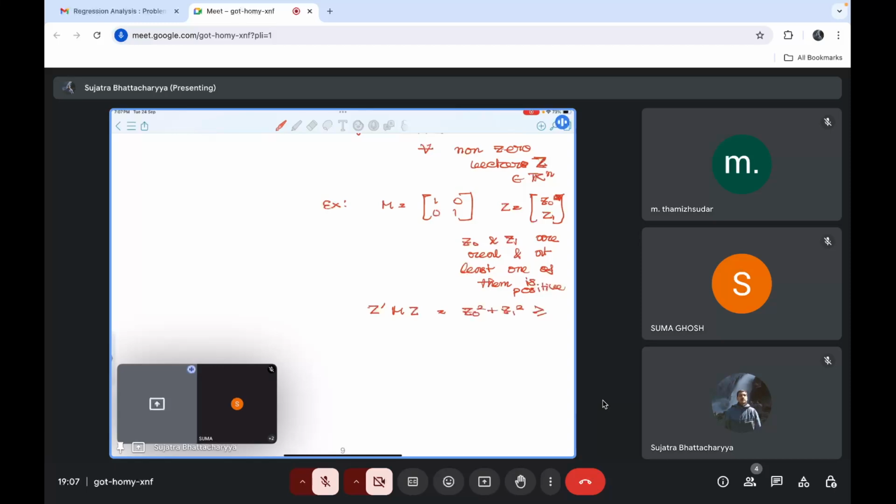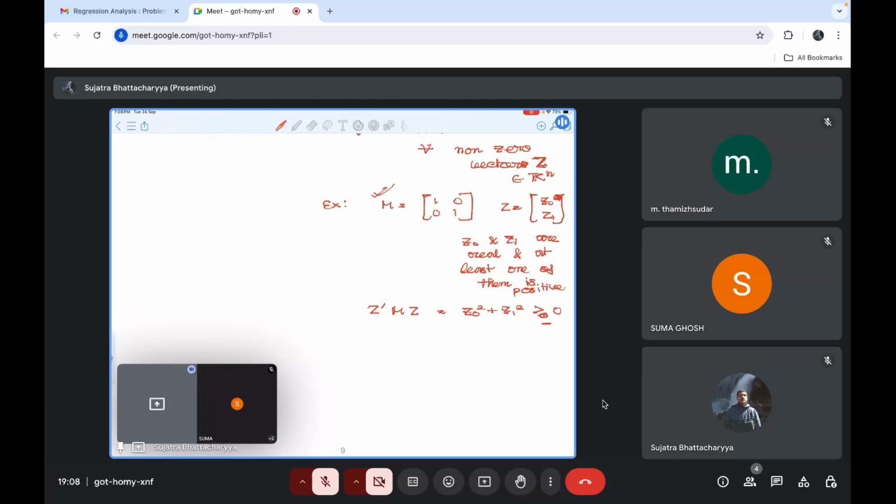And this will always be greater than 0, because both are real, and the square of a real quantity is positive. So M will be a positive definite matrix.